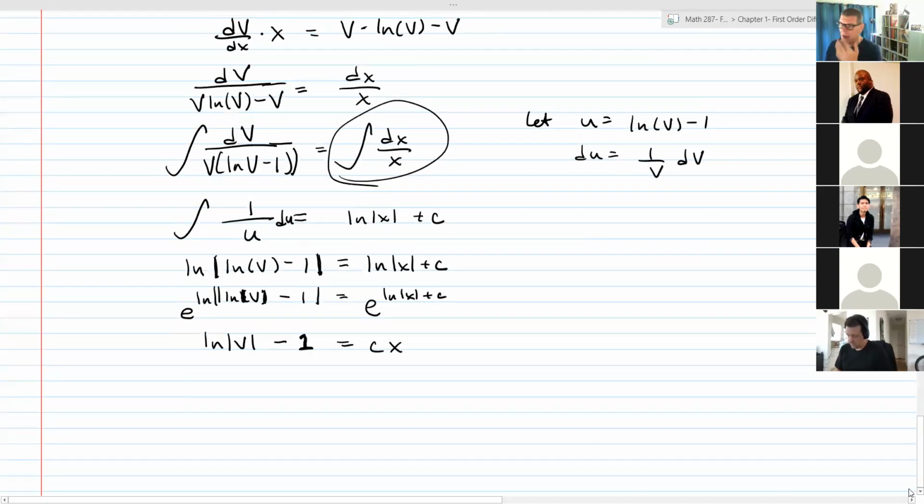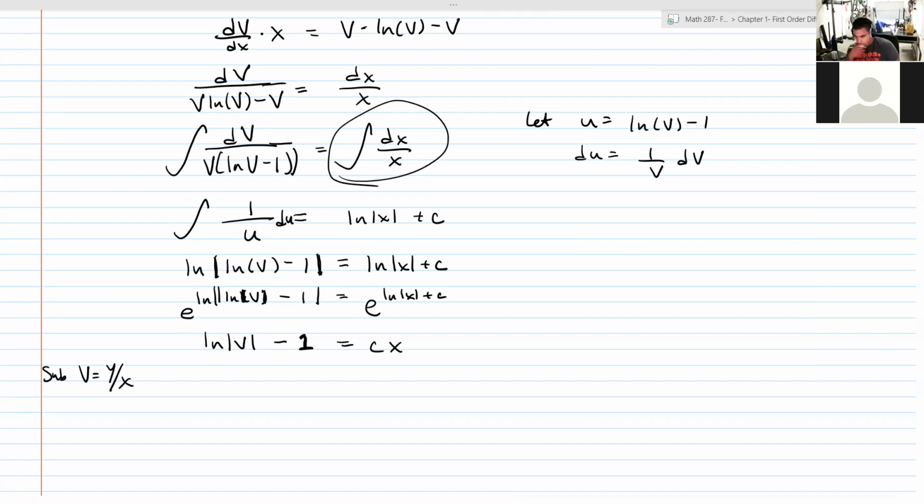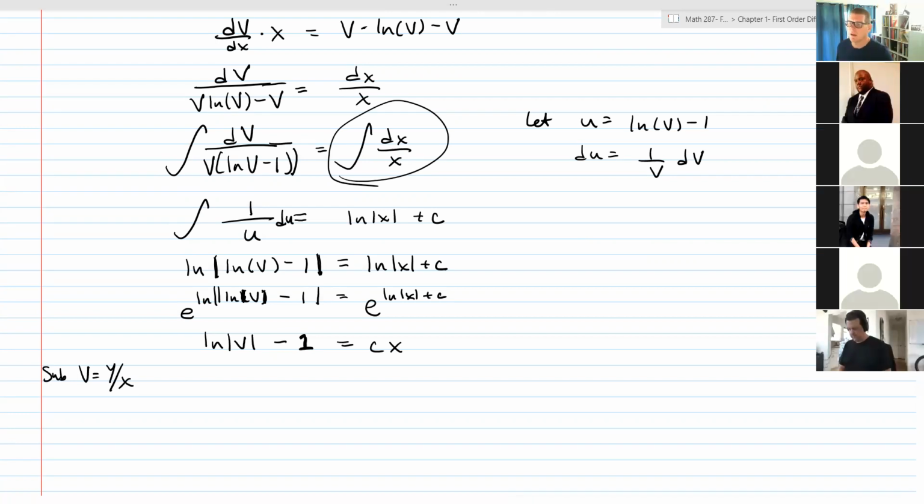Now this one we should not have too much of a problem solving for y. Well, sub v equals y over x. All right, pause for a moment. Okay, so we get now y over x minus 1 equals cx.